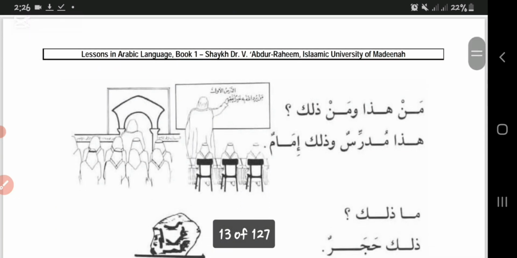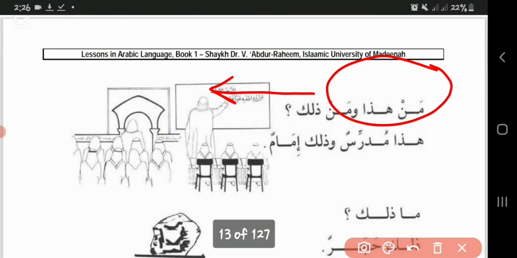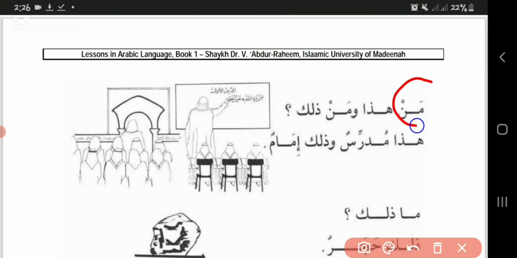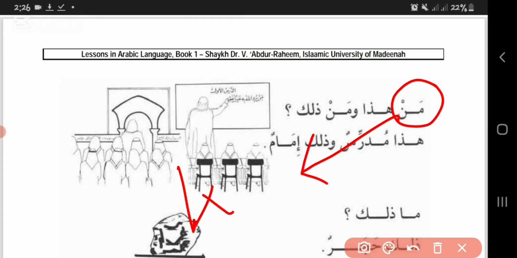Now, there's another new word here, which is man. Man is a new word. It means who. Do not forget the other time we talked about ma, which means what.